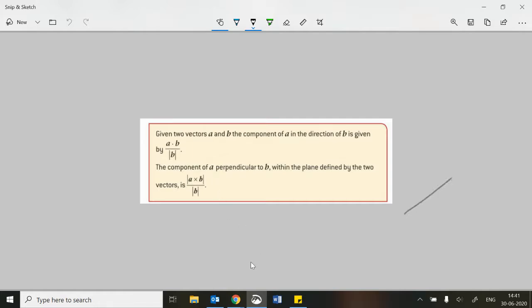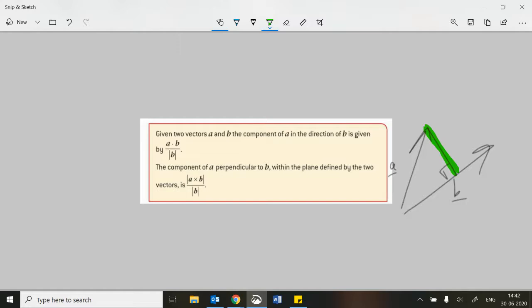So let's come up with two vectors again. Let's say here, let's go A and let's go B. We're talking here about the component of A perpendicular to B within the plane defined by the two vectors. So it's saying how much of A is acting perpendicular to B. So what they're trying to get you to do there is find this bit here.